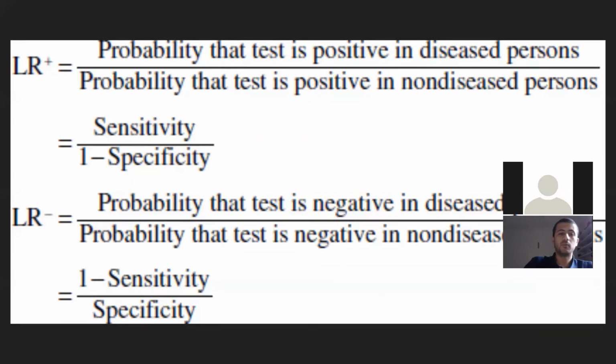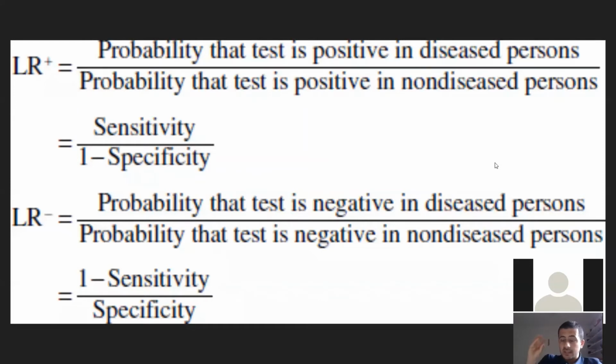We move on. The likelihood ratio that is negative. What is the likelihood ratio of a negative test? It is the probability of the test being negative in a diseased person on the probability that the test is negative in a non-diseased person. It is exactly the same, just removing positive, putting negative.